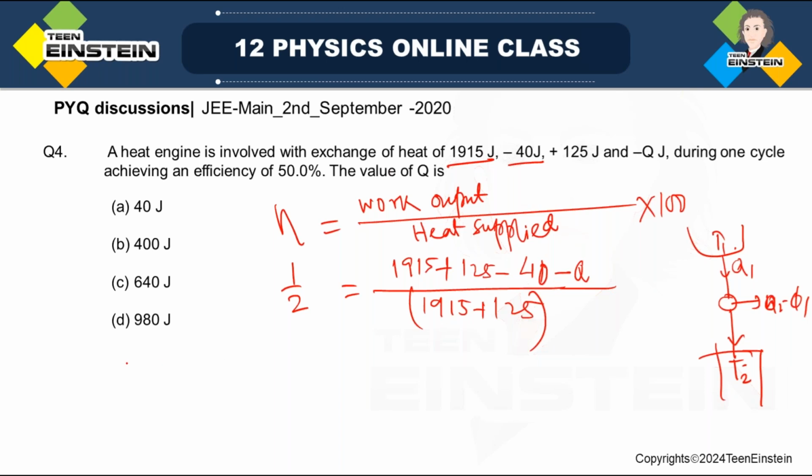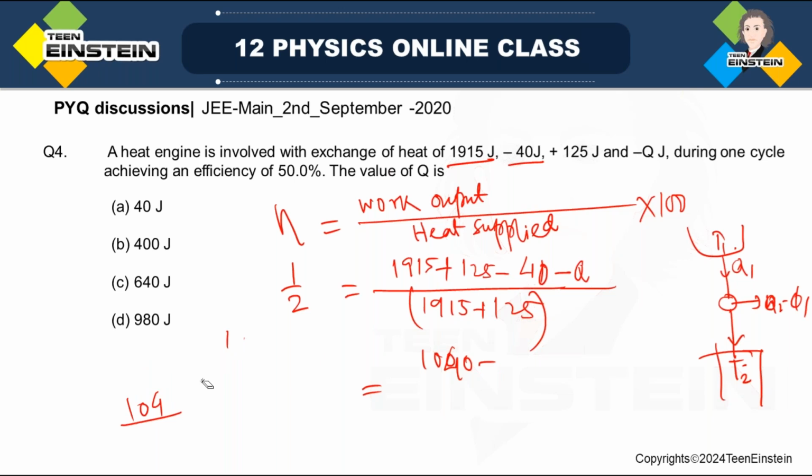Now this is giving you 1040, and let me check how the 1030 comes. Minus 40, minus Q, so 1000 minus Q actually. I hope you are understanding this.